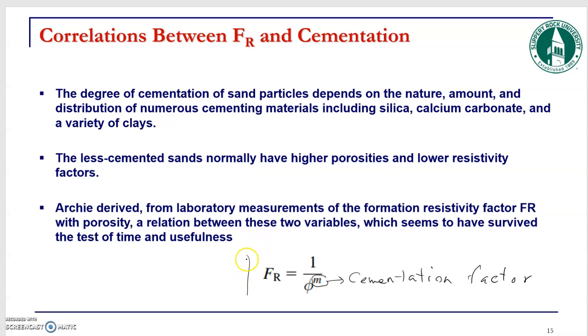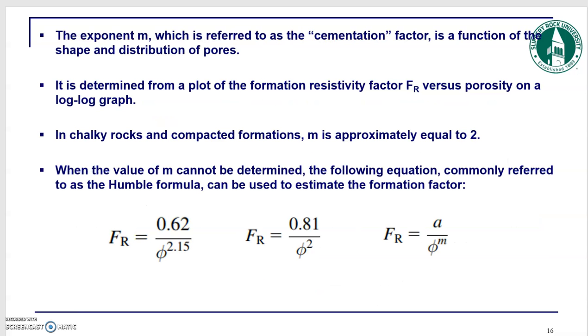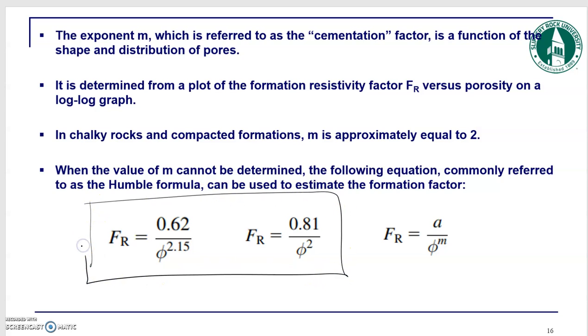Okay, so he proposed this relationship. Some other researchers have tried to derive equations and find correlations that relate the porosity to the formation resistivity factor. One of these famous equations is the Humble equation. These two equations are Humble equations. Depending on what type of rock you're using, you could use any of these equations.